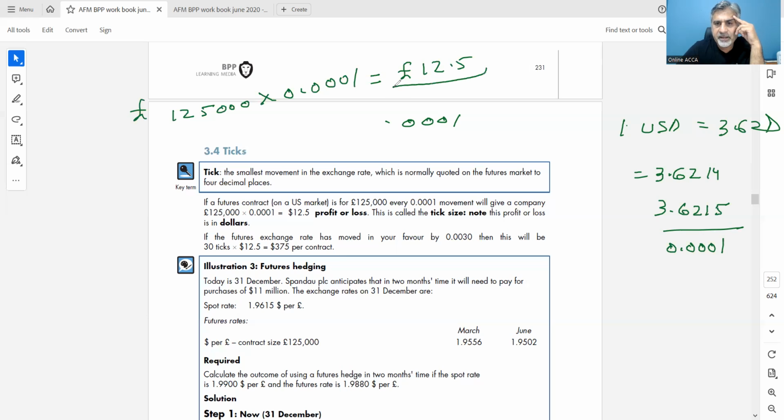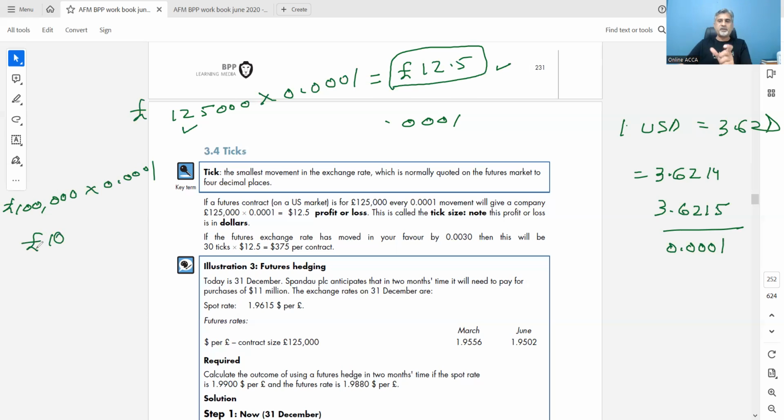So 1 tick, if the contract size is 125,000, then the value of 1 tick is 12.5. For instance, if the value of the contract is 100,000 sterling, then again 0.0001, it will become 10 pounds. It will become 10 pounds.